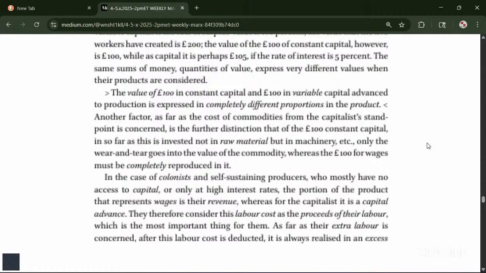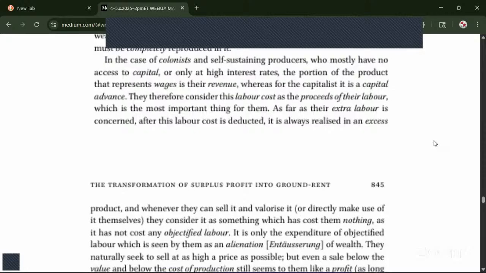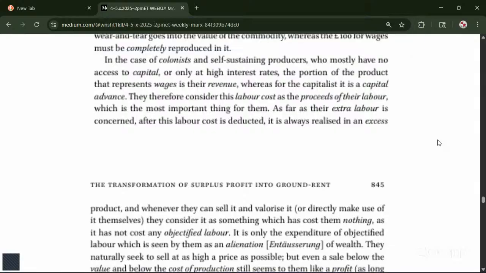As far as the extra labor is concerned, after this labor cost is deducted, it is always realized in an excess product. And whenever they can sell it and valorize it or directly make use of it themselves, they consider it as something which has cost them nothing, as it has not cost any objectified labor. It is only the expenditure of objectified labor which is seen by them as an alienation and Taudeserung of wealth.